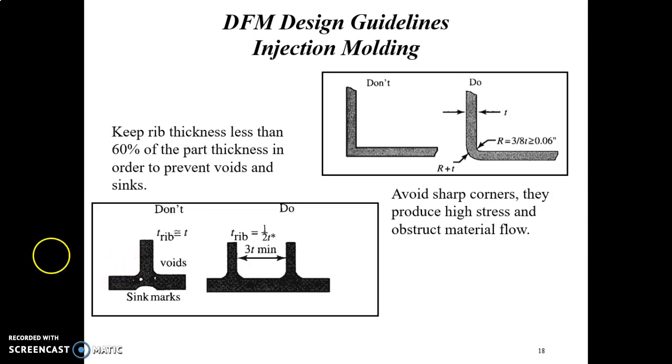Right. So avoid sharp corners. They produce high stress and obstruct material flow. The inside radius should be at least 50% of the nominal wall thickness. The outside radius should be the nominal wall thickness plus the inside radius.